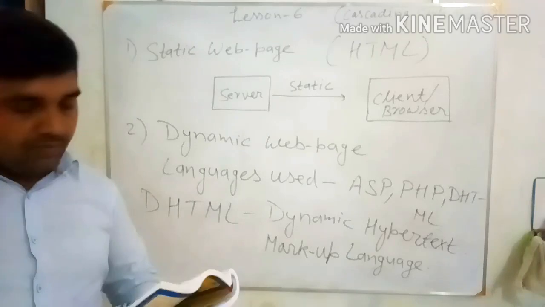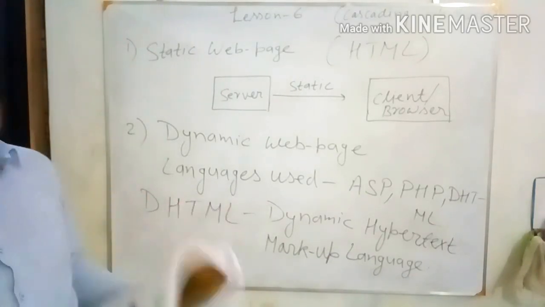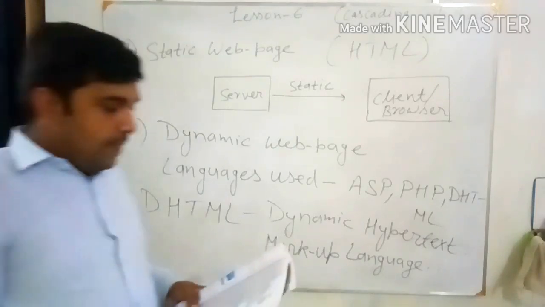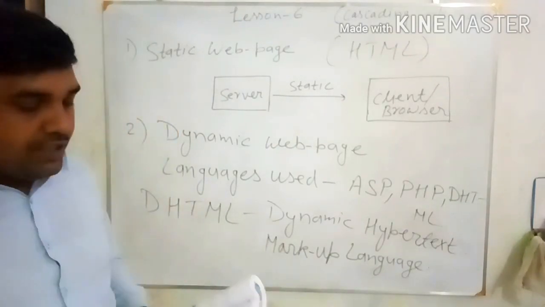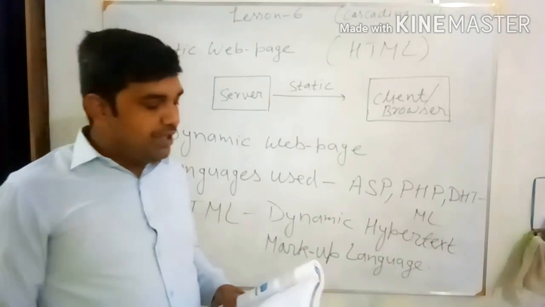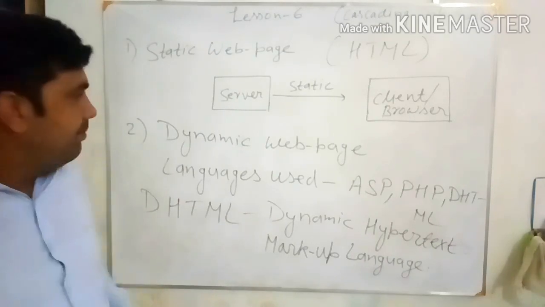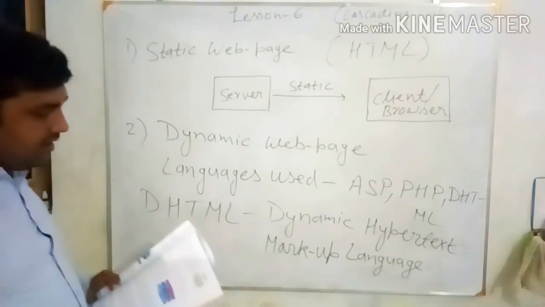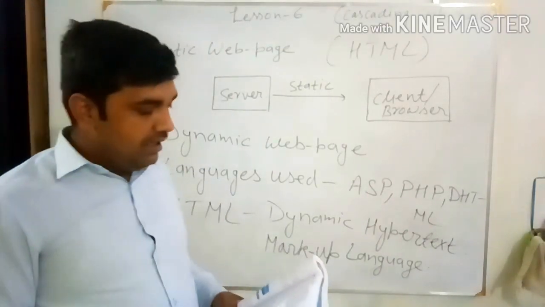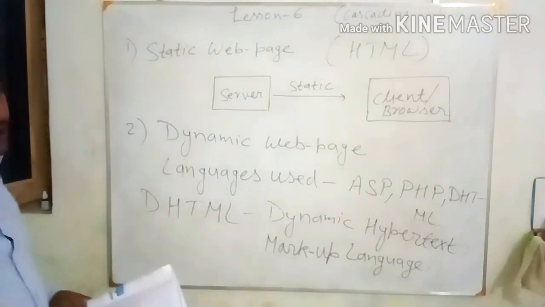Now, it is not a language. DHTML is simply not a language, but instead it is a combination of web development technologies, like the static markup language HTML and a client side scripting language that is called JavaScript.